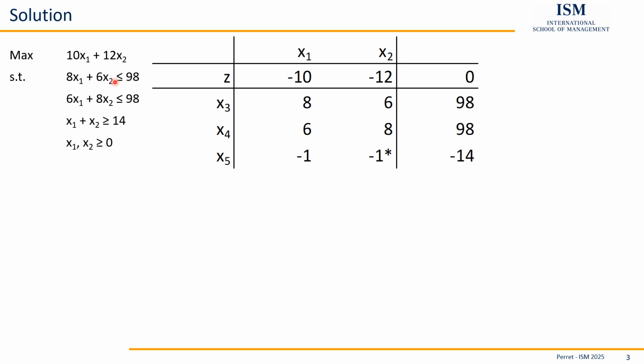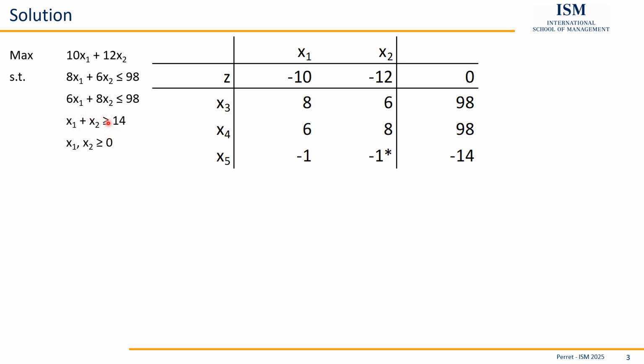For the constraints, I first have to make sure that they're all in the form like the first two, as smaller or equal to constraints. Well, here it's the case, so only the last one, the third one, needs to be changed, to switch from larger or equal to smaller or equal to. How do I achieve this? Well, I can simply multiply the whole equation with -1.